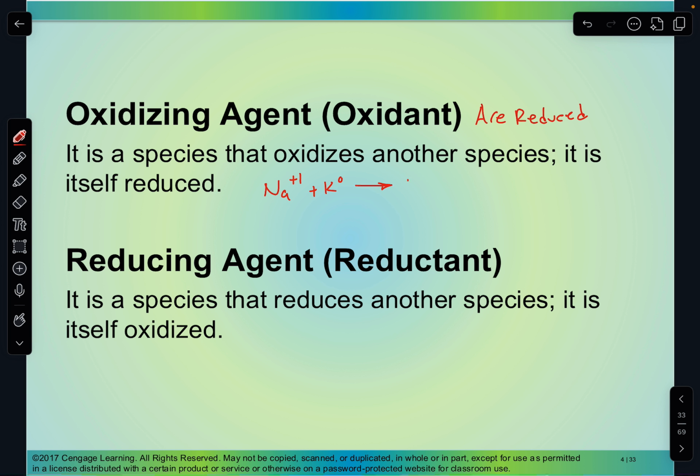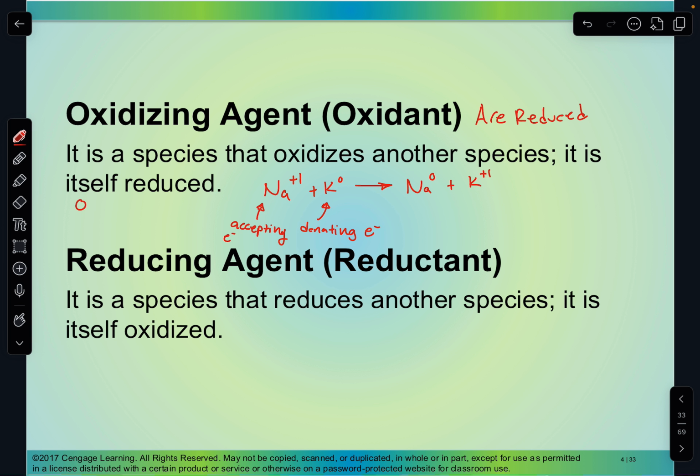That's going to end up being Na0 plus K+1. And so this is going to be donating an electron, and this is going to be accepting an electron.